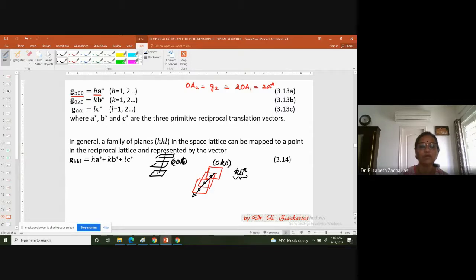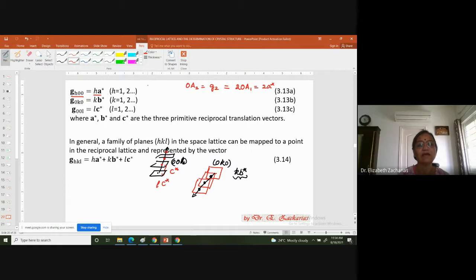This is going to be a normal to this. So your reciprocal lattice points are going to be lying like this, and I will call this vector C star. So I will say L times C star.